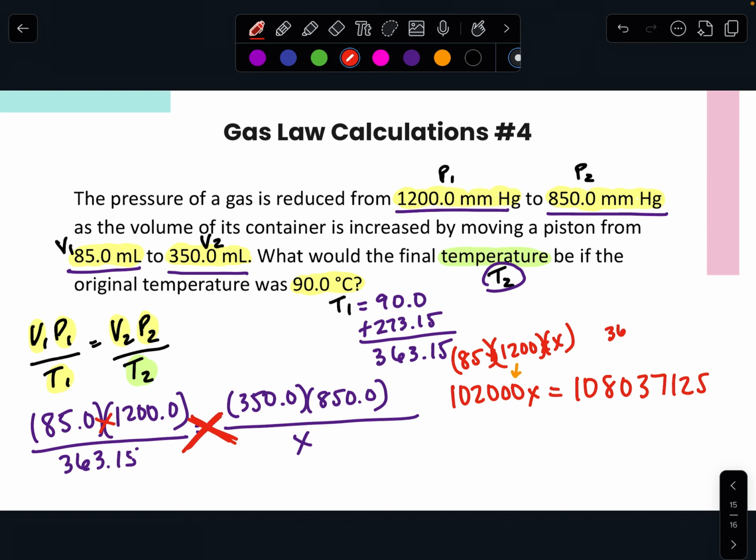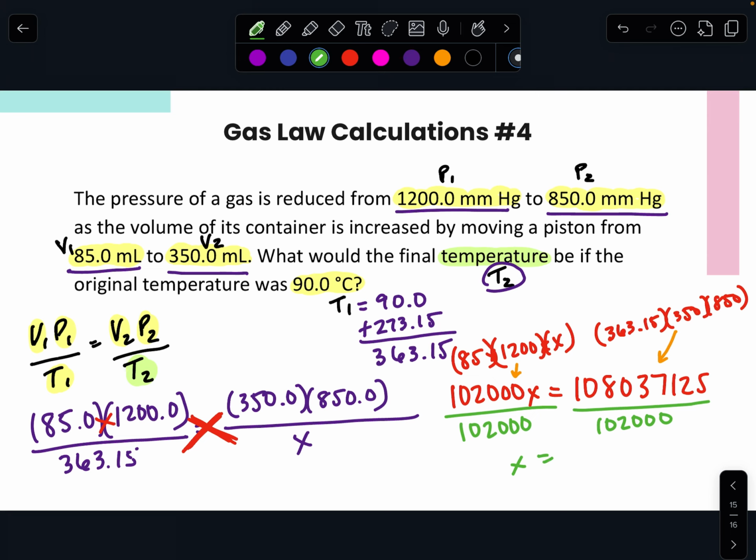So I had 363.15 times 350 times 850. That's how I ended up with this big number down here. Right? I've got to get X by itself, so I'm going to divide by what's in front.